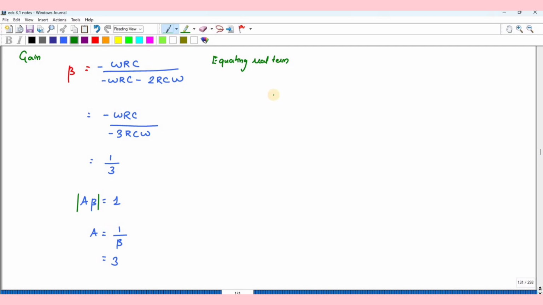Suppose they give the value of R as 100k and the frequency of oscillation as 10k, and they want to find the value of C. What is the formula? F is equal to 1 divided by 2 pi RC.